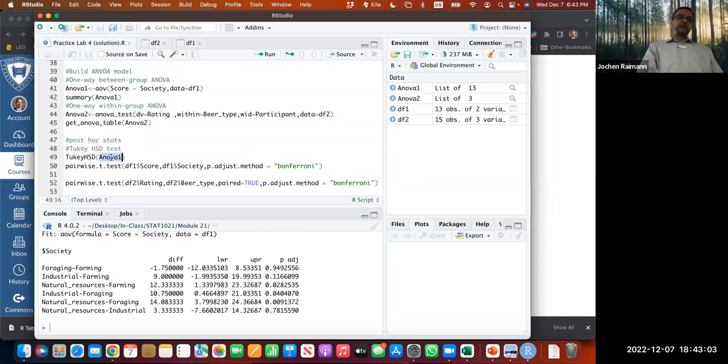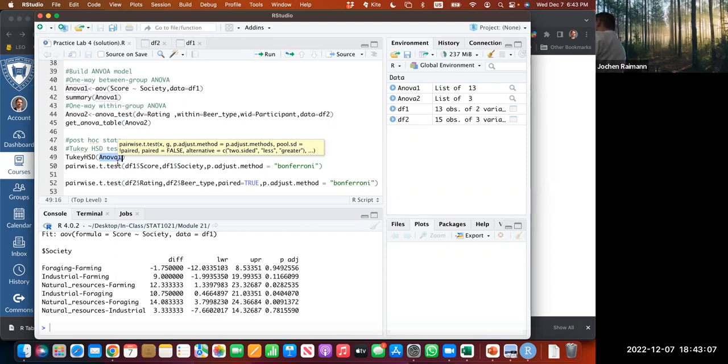So it gets you a so-called Q. It calculates a Q, which is basically mean 1 minus mean 2, or mean 1 versus mean 3, or mean 2 minus mean 3, divided by this SM.